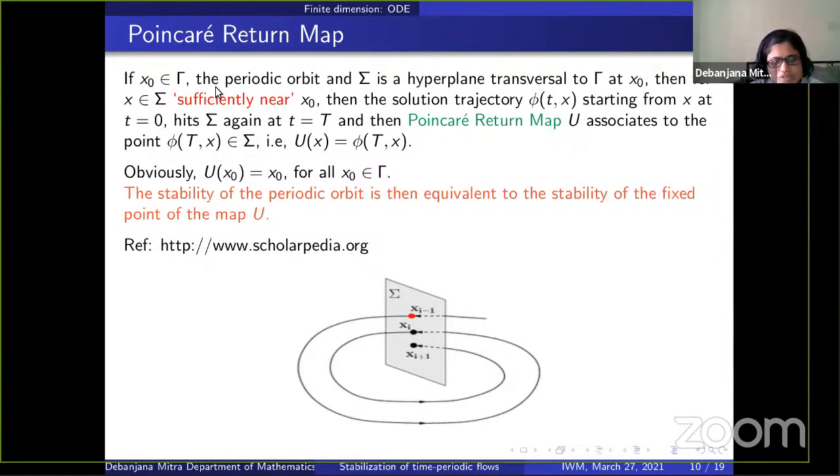Here we use the basic things we read from the ODE book.